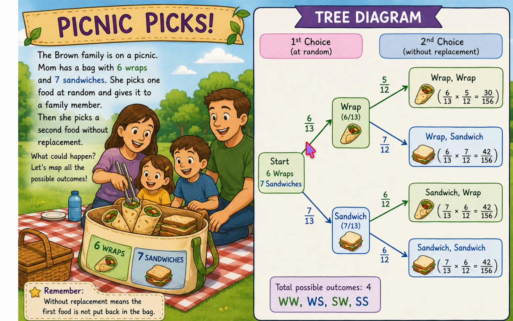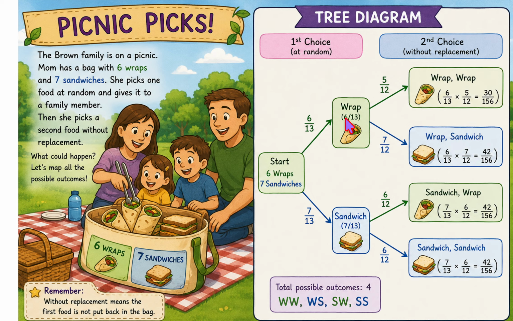If the first one was a wrap, now the wrap is gone, so 6 minus 1, you still have 5 wraps. So it's going to be 5 out of 12. The probability of getting 2 wraps in a row is 6 out of 13 times 5 out of 12. Remember, when you're going from left to right, it is a multiplication.